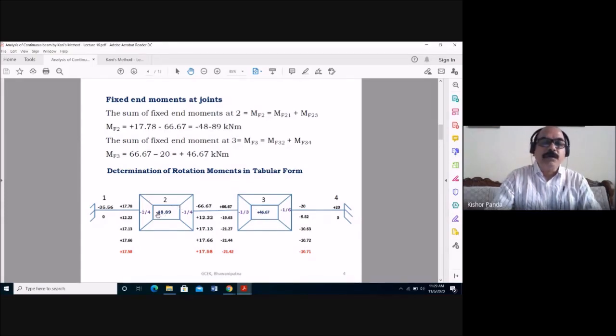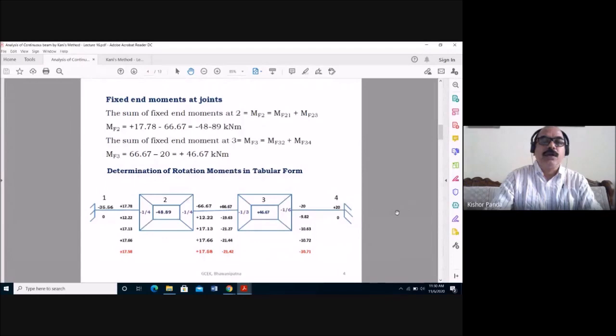In the middle rectangular box you have to write the fixing moment of the joint. You got the fixing moment of joint 2, which is minus 48.89. You have to write it here. And the sum of the fixing moments at joint 3, you got 46.67. You have to write it here. And you know the rotation factors 2-1, 2-3, 3-2, and 3-4.